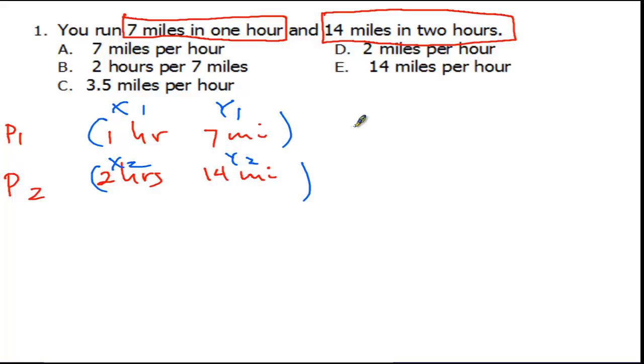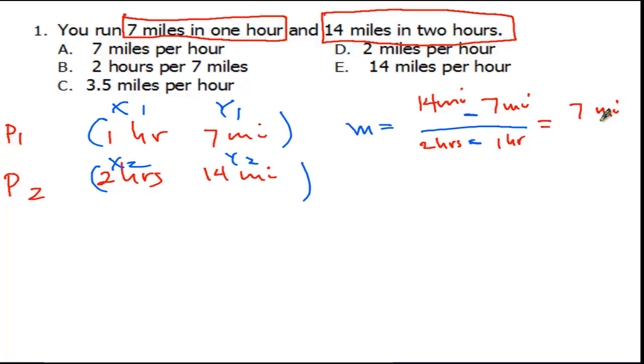All right, using our formula for the slope, we have m equals y2 minus y1 over x2 minus x1. So y2 is 14 miles minus y1 is 7 miles over x2, 2 hours, minus x1, 1 hour. So 14 minus 7 is just 7 miles over 2 hours minus 1 hour is 1 hour.